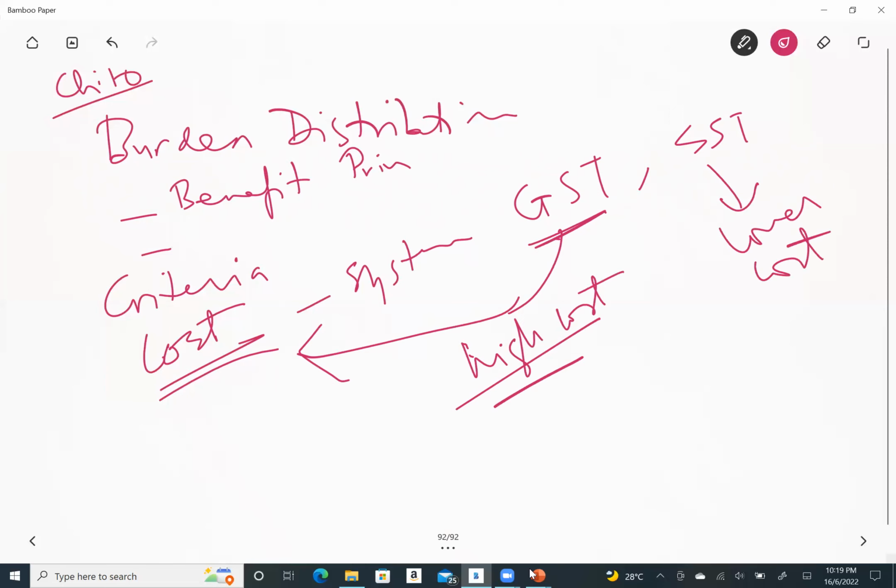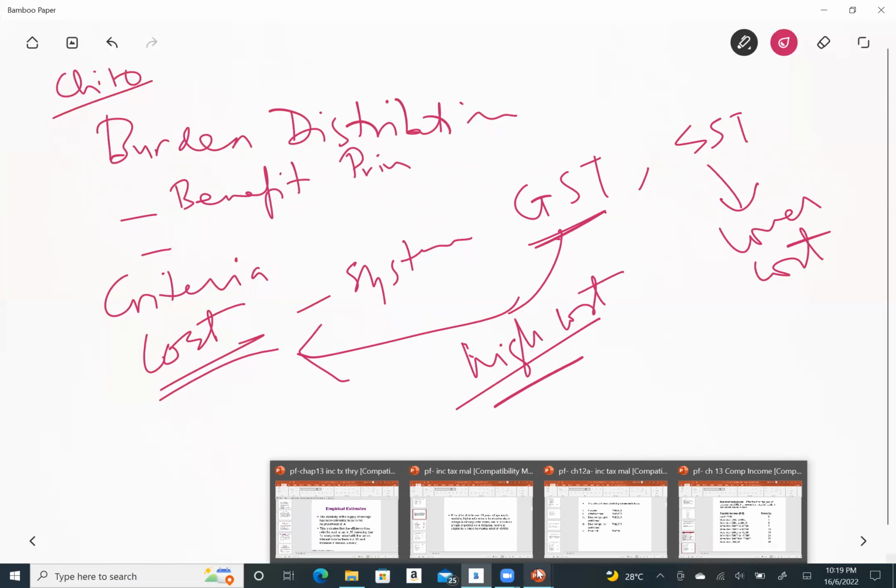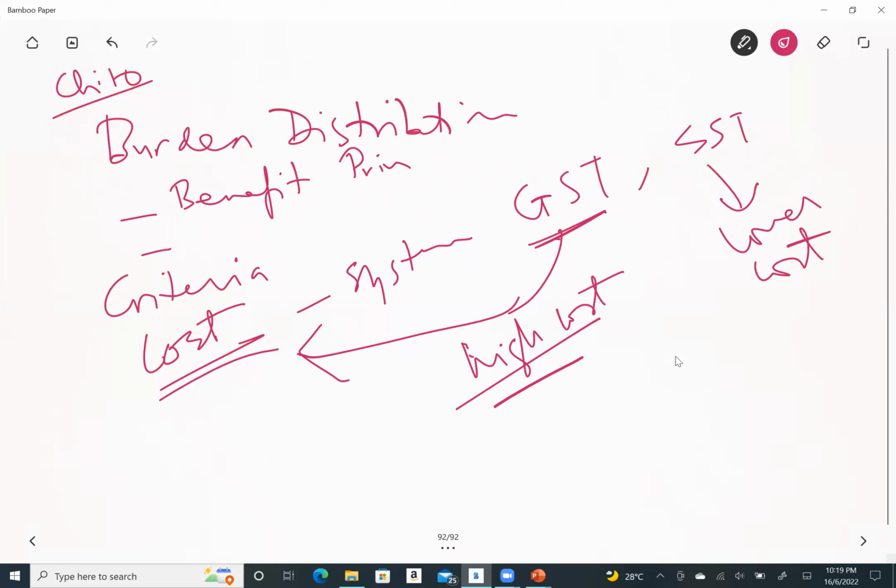So you have to consider the cost criteria of the system. It's very costly to implement and sometimes very complicated. You make the taxpayers get a headache for no reason. To understand the GST, you have to attend a seminar, and it costs you 1,000. So that is costly. So you have to consider that also, right? So read that part.